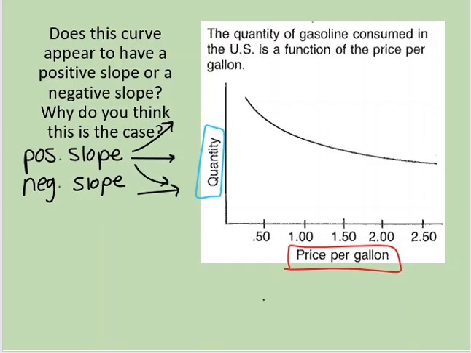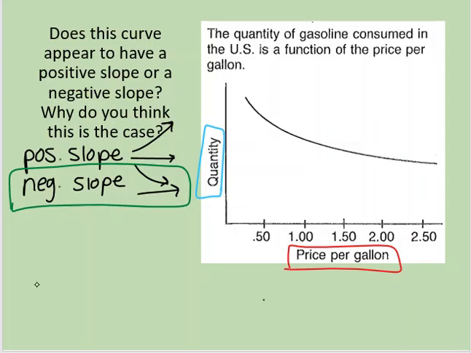So which of those pictures that I just drew does our diagram look like? The negative slope. So this diagram has a negative slope. And why do you think that this is the case? We want to think about this in terms of this example, gasoline being consumed in the US. Why do we think that it is negative?